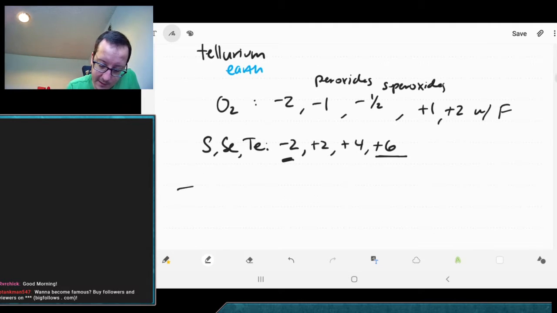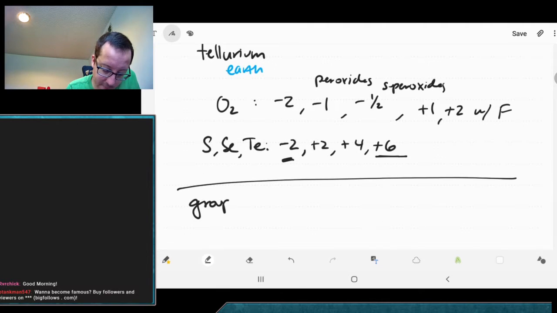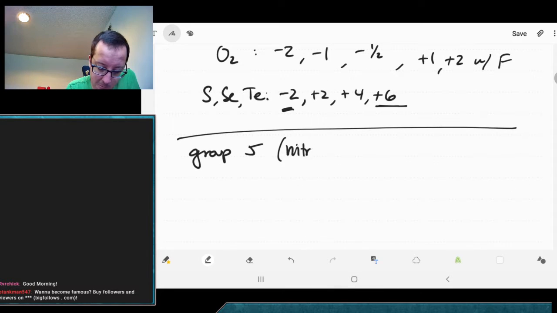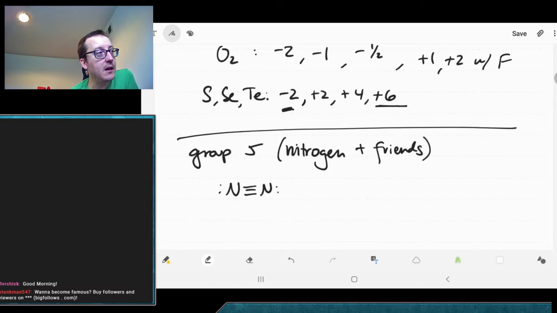Alrighty. So now let's go to group 5, where we're going to have nitrogen and friends. Nitrogen is our only triple bonded diatomic element. It has a bond enthalpy that is about twice as strong as oxygen's.